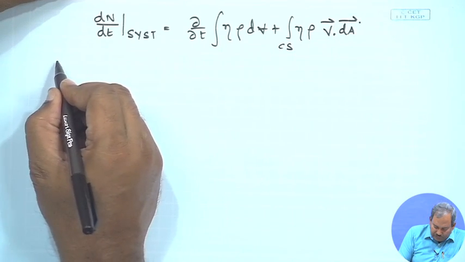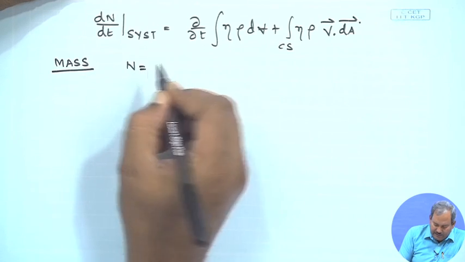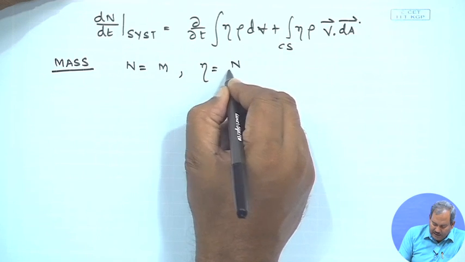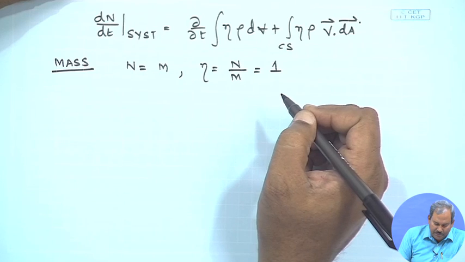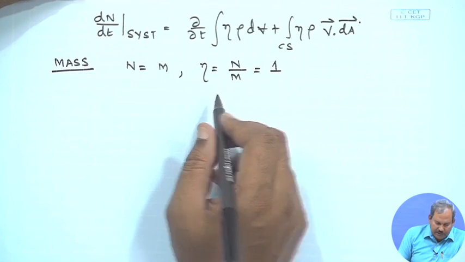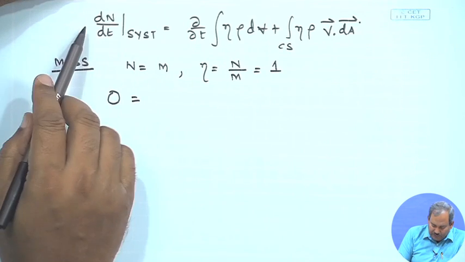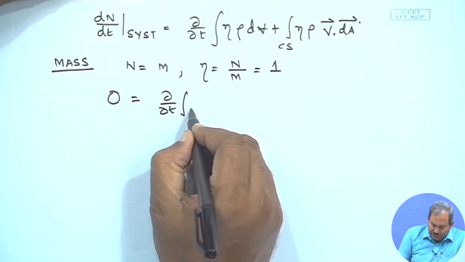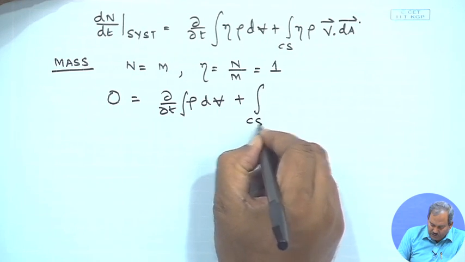Now, if we think of mass, then N, the extensive property, is simply going to be mass, and eta, which is defined as the extensive property per unit mass, will have a value equal to 1. And since from the conservation one can write that the left hand side of this is going to be equal to 0 due to mass conservation, and this one is going to be del/del t of the integral of rho dV plus the integration over control surfaces.